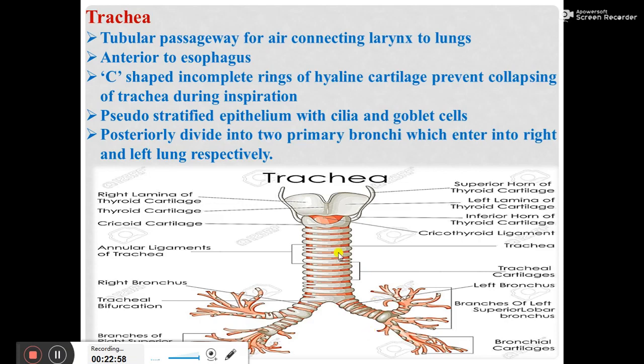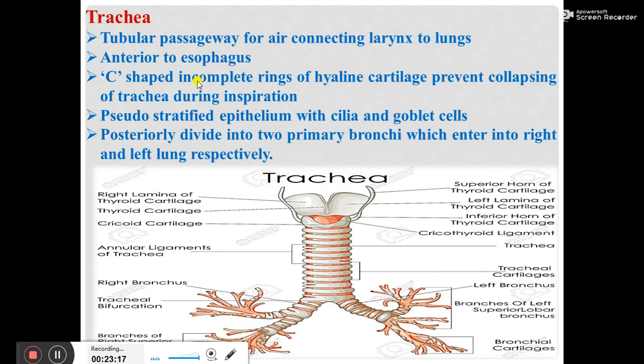It is a conducting zone, a passageway of air. It is anterior to the esophagus. Anterior means it is at the front side of the esophagus.